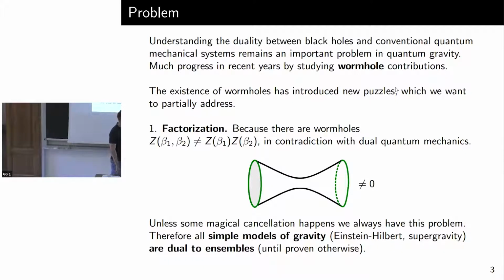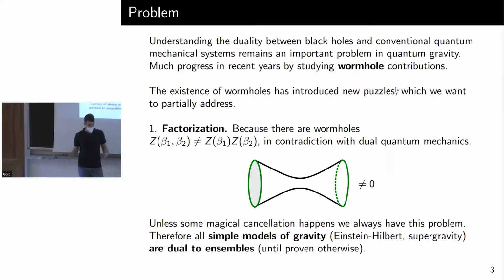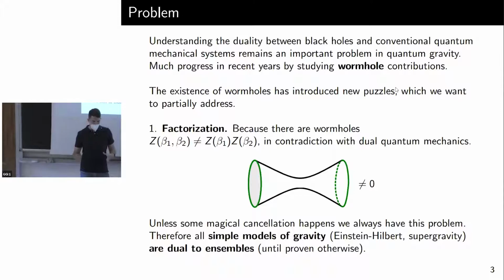And that puzzle is a factorization problem, which is saying that because there's wormholes in gravity, when we compute, say, the square of a partition function, it will not be the square of the thing you compute for one partition function, because there's wormholes that can connect the 2 asymptotic boundaries.